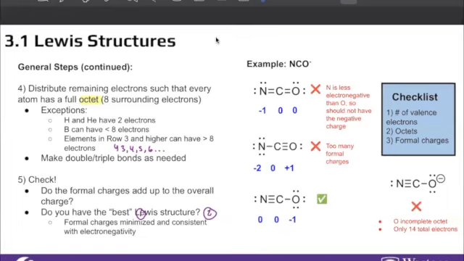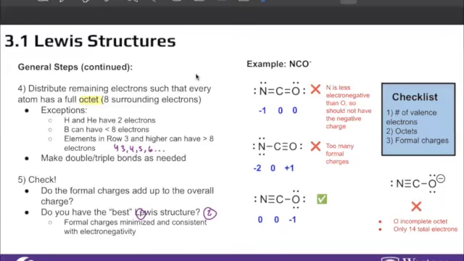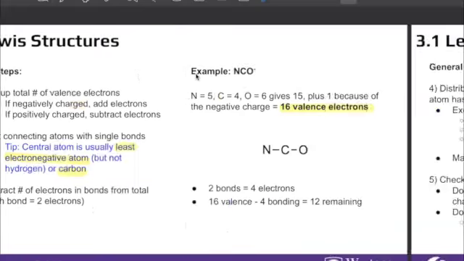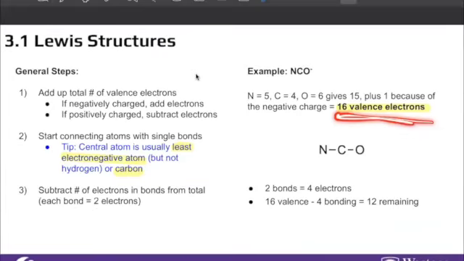For that, I came up with this little checklist of 3 things that you are going to want to check when deciding which is the best Lewis structure. The first thing is you want to check that the structure has the correct number of valence electrons, so it's consistent with the number that you calculated here.